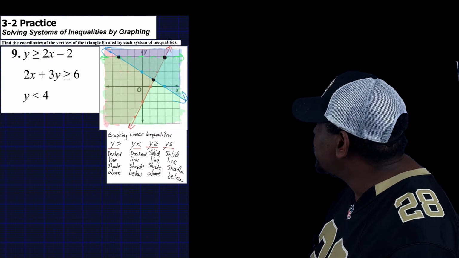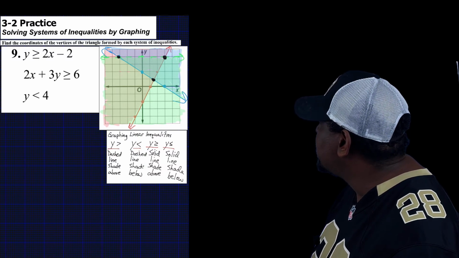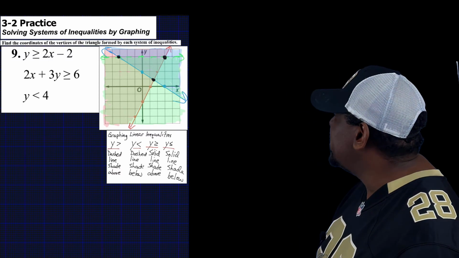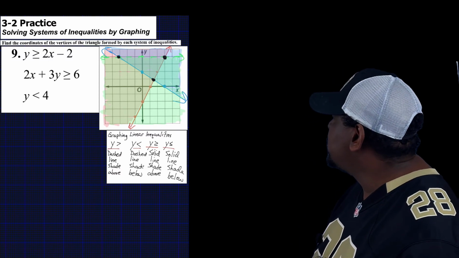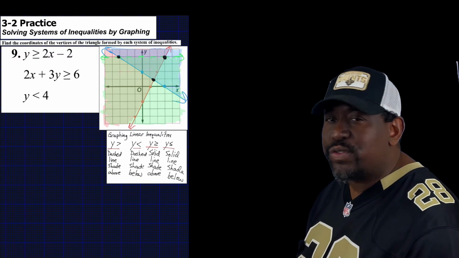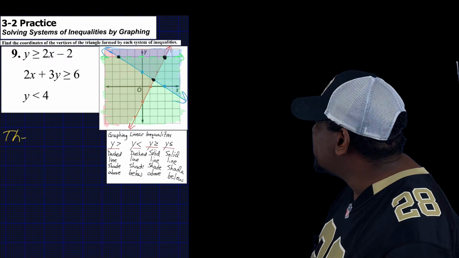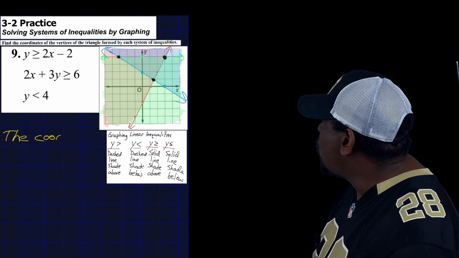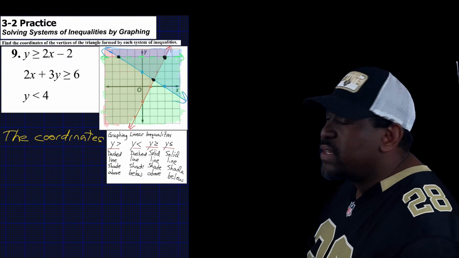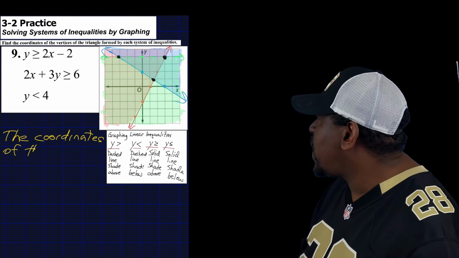Now the easiest points are the ones that are on the horizontal line at y equals 4. Those are the 2 easiest coordinates to get because they're not in the middle. They're both going to be integer values for x and y. The other one looks a little more challenging. So the coordinates for the 3 points that we have formed in our triangle are the following.